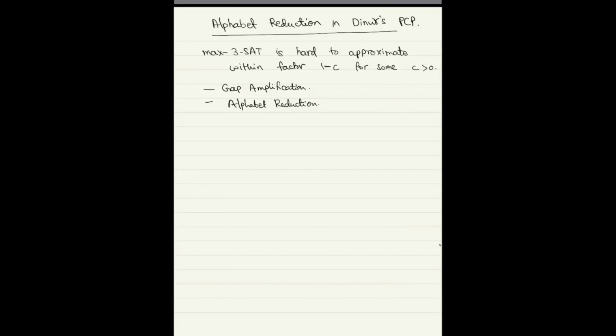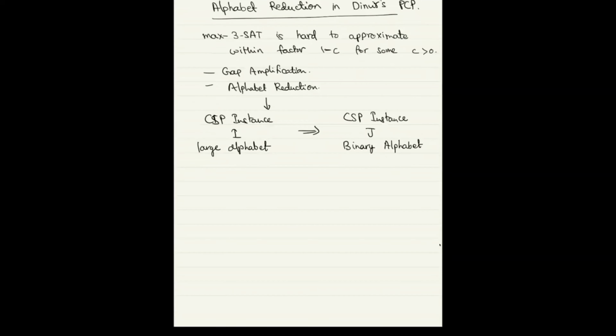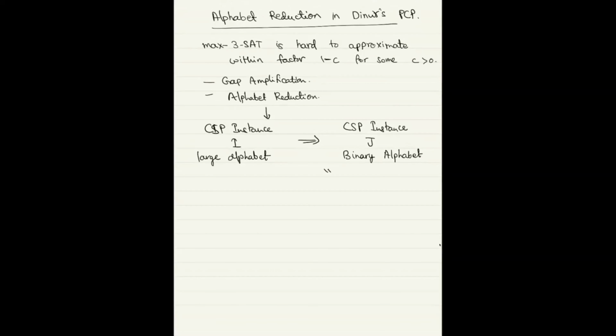And in the alphabet reduction, you have a CSP instance I over a large alphabet, and the goal is to come up with a new instance J over, let's say, a binary alphabet, preserving the gap, not losing the gap so much.